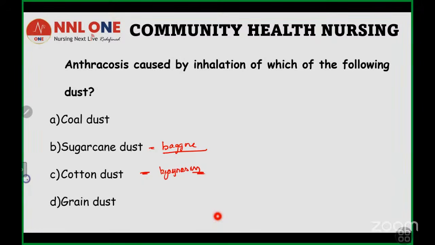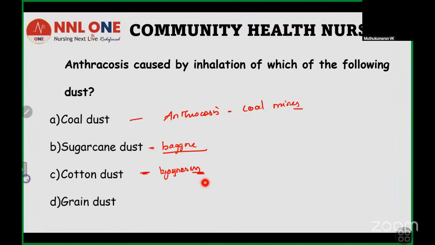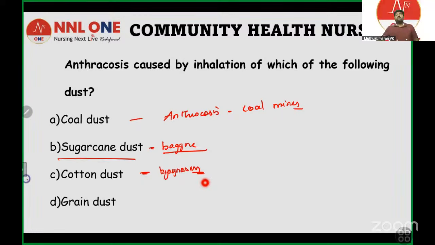When we talk about coal dust, that is anthracosis, from coal mines. Is it clear? Coal mines. Sugarcane dust is bagassosis. Byssinosis is cotton dust. So what are the other components we are going to discuss here? Silica.